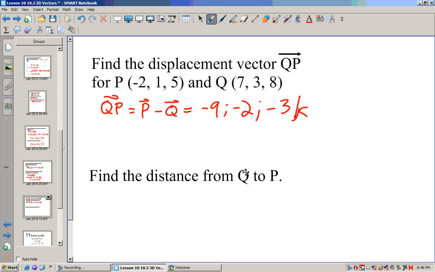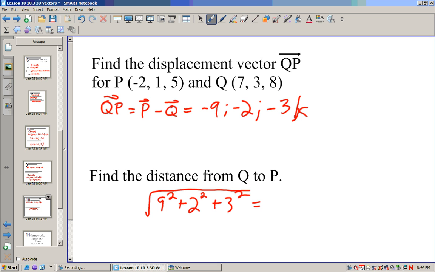Now if I want to find the distance from Q to P, the distance is going to be this magnitude. So the magnitude from Q to P is going to be 9 squared plus 2 squared plus 3 squared, and then square root that.